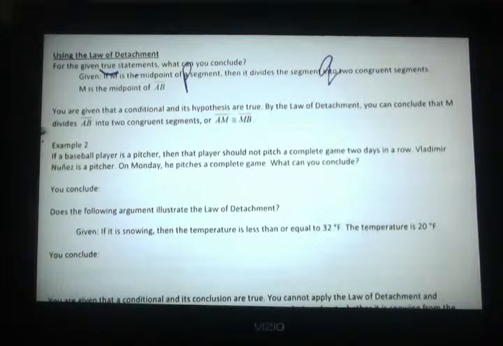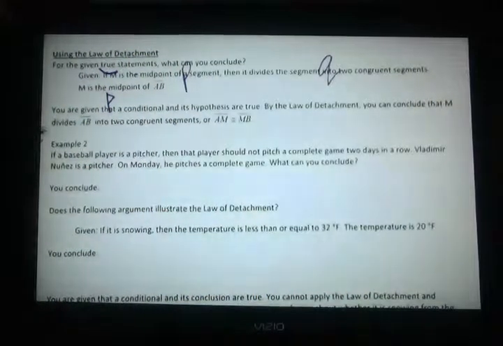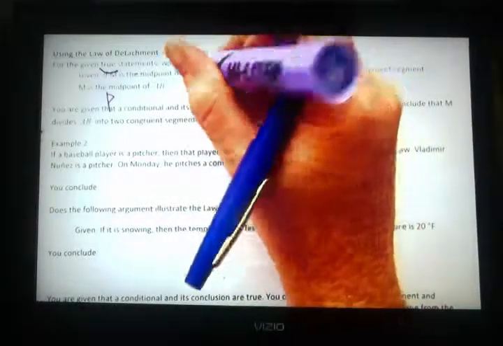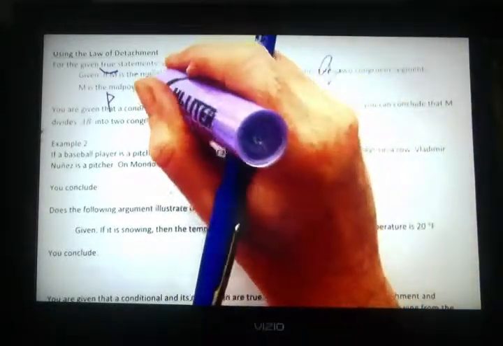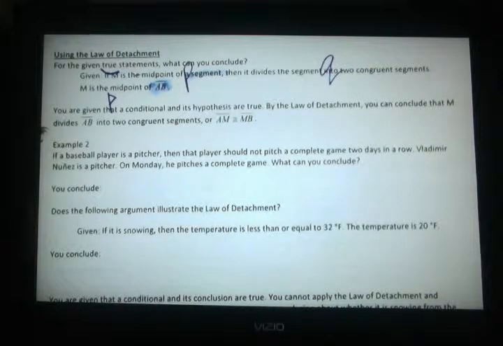So now let's use the law of detachment to move on from there. Here's your hypothesis. M is the midpoint of AB. Okay, so that's your P. Midpoint of a segment, right? Well, here it's just giving you a true statement with a specific segment, AB. So now it's a little more specific.